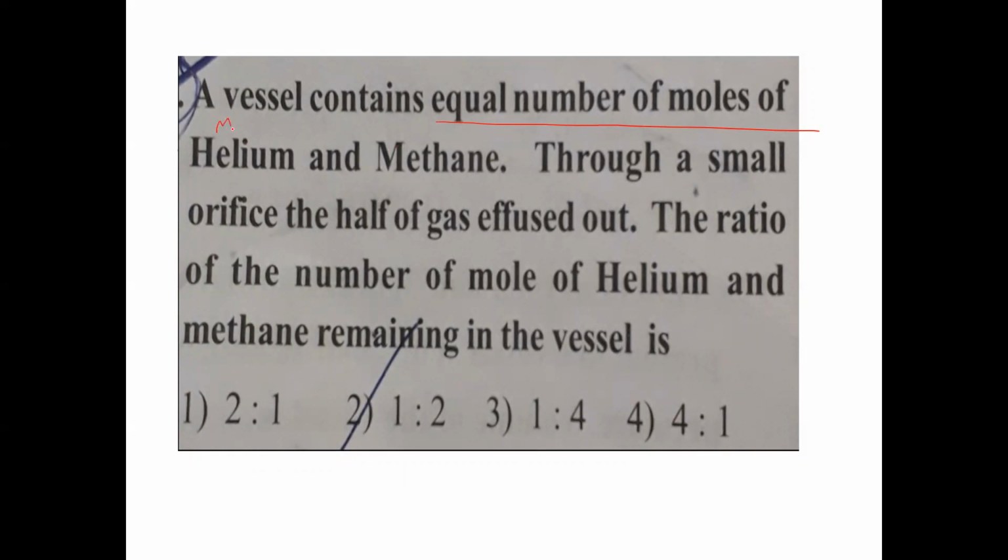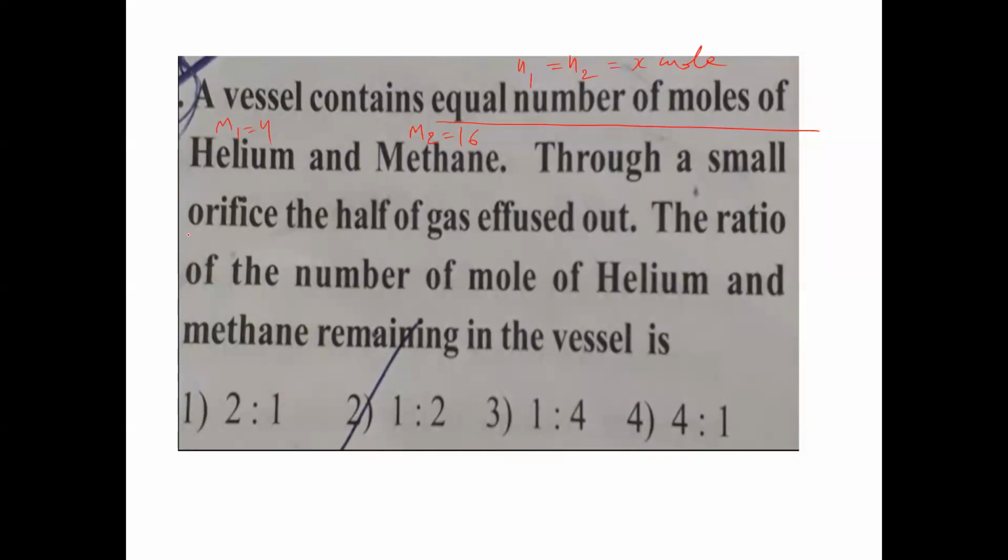Helium gram molecular weight is 4, and methane, CH4, gram molecular weight is 16. So M1, M2, two gases given here, with equal number of moles. The number of moles of first gas is equal to the number of moles of second gas, some x moles, or 10 moles or 100 moles, whatever you take. Taking 1 mole is better.